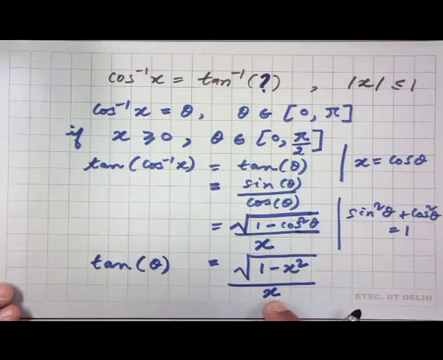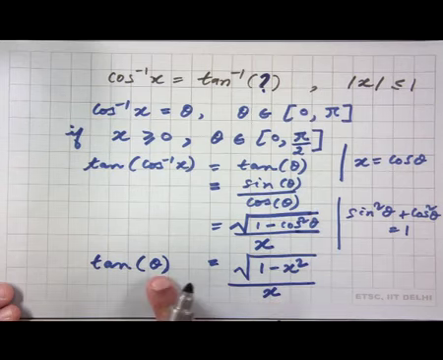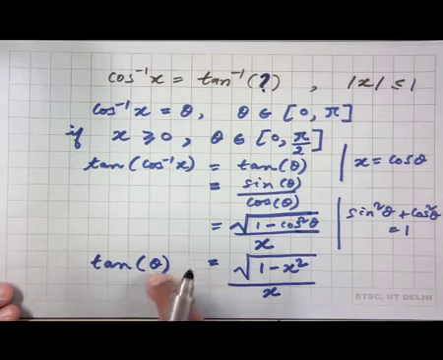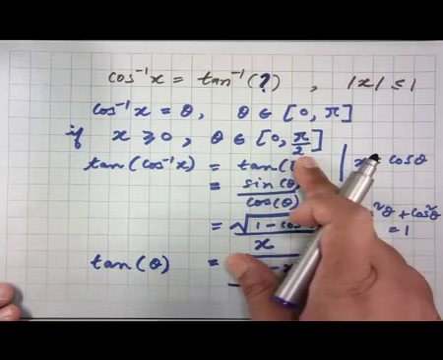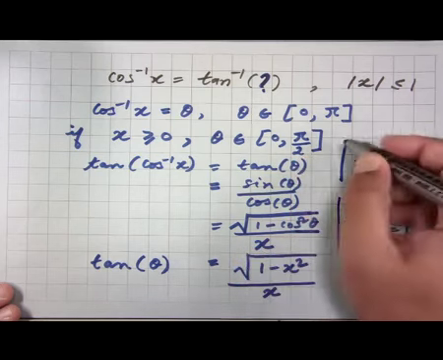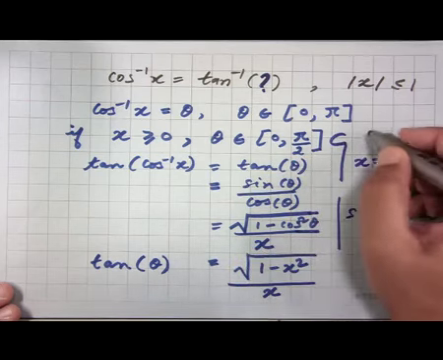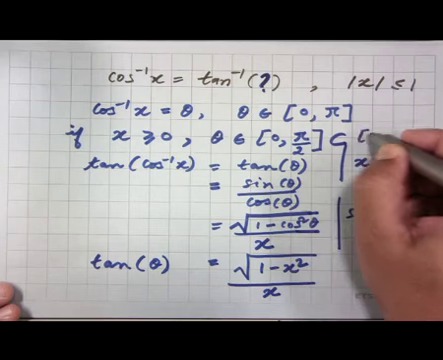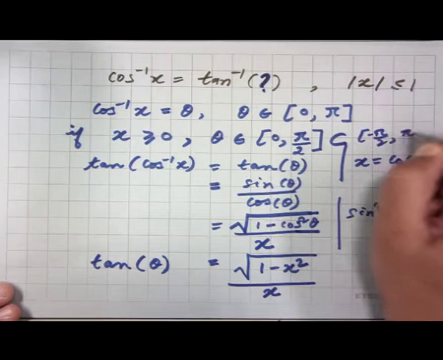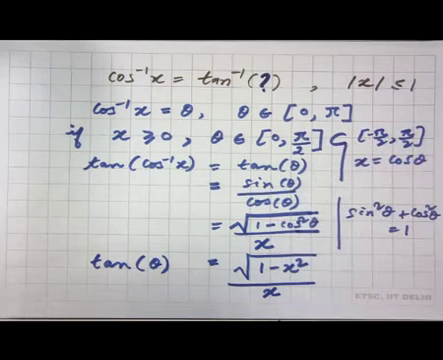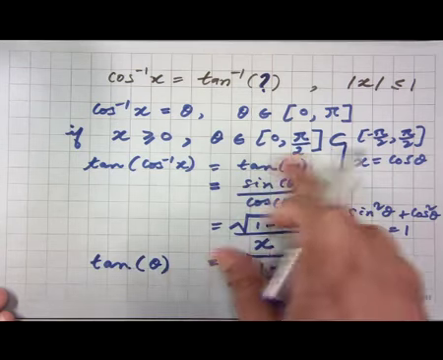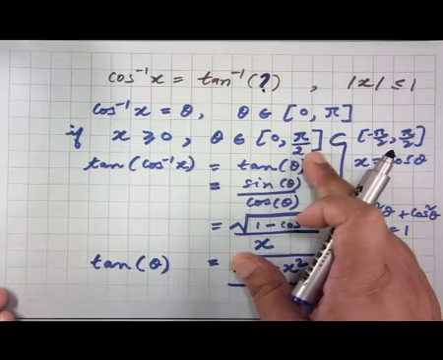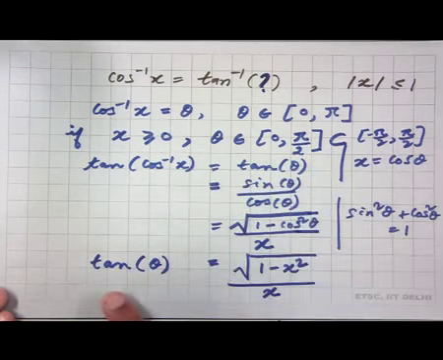We further know that this theta actually belongs to the interval 0 to pi by 2, and this interval 0 to pi by 2 is actually a subset of the interval minus pi by 2 to plus pi by 2. So essentially the interval 0 to pi by 2 to which this theta belongs is actually a subset of the range set of the tan inverse function.